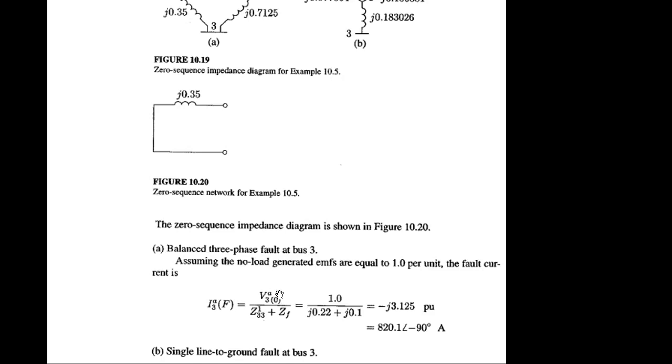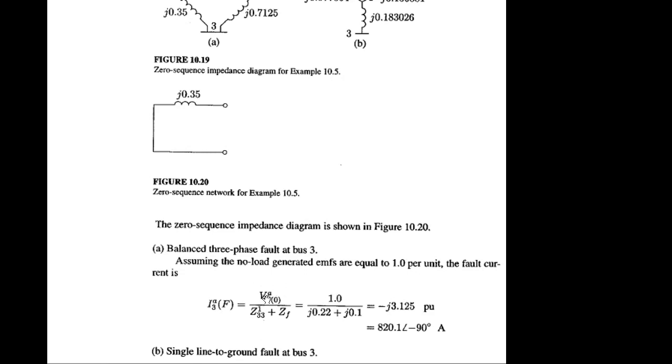So the upper terminal, the voltage EMF should be considered in terms of 1 per unit. The fault current will be I3A. It is in terms of fault scenario that can be calculated based on V30, which is 1.